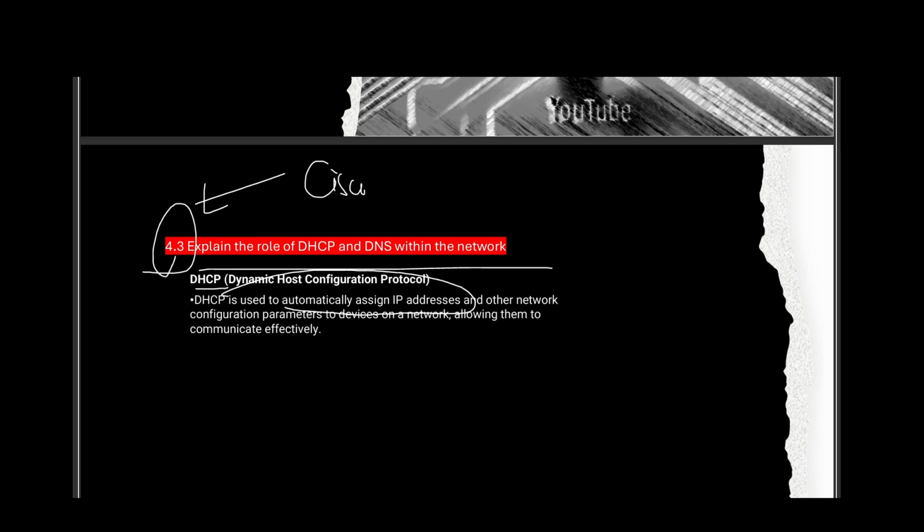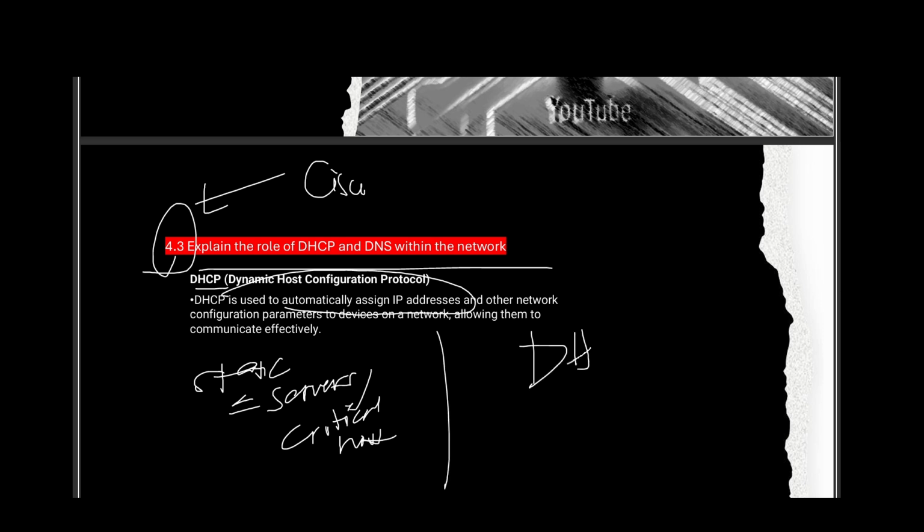In the real world, we use static IPs for servers and critical hosts. But for every user or endpoint machine, this is where we would set up DHCP.